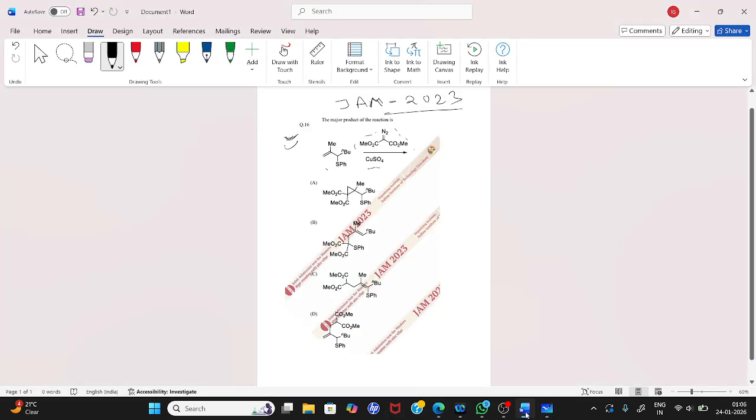Okay, so you have something like this. The butyl part is here, and you have your sulfur component here.